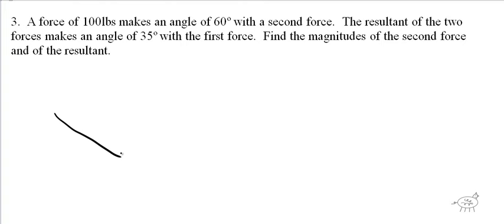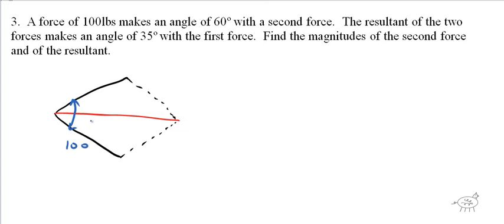We've got two forces, so let's draw our parallelogram because we have a resultant force. It just makes it a lot easier. First of all, this first force is 100 pounds, and it makes 60 degrees with the second force.